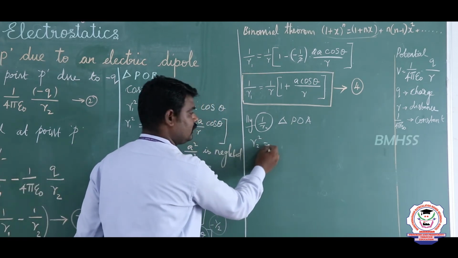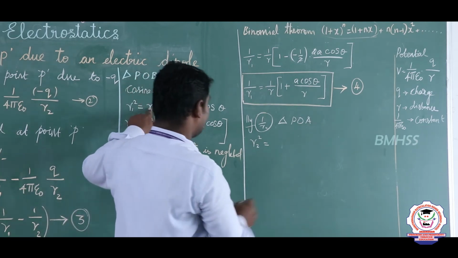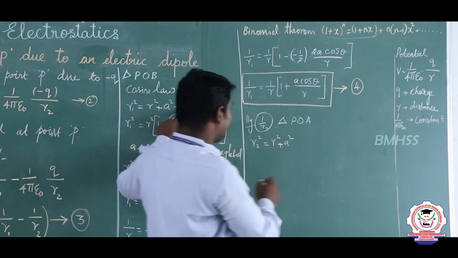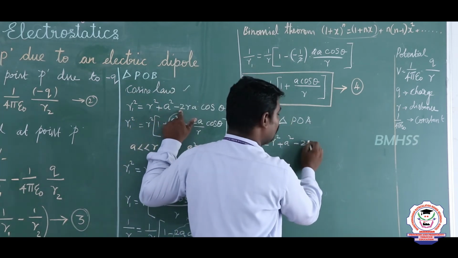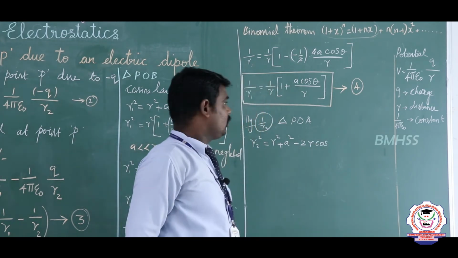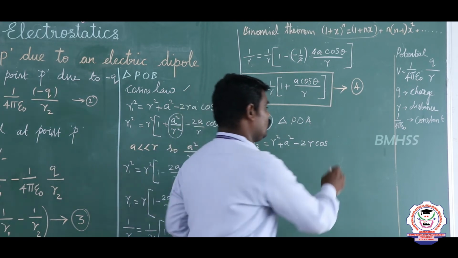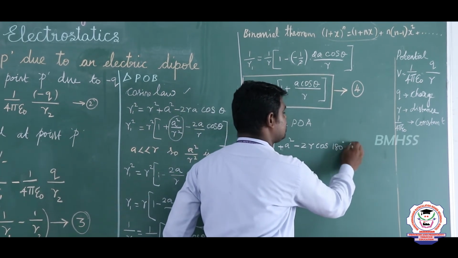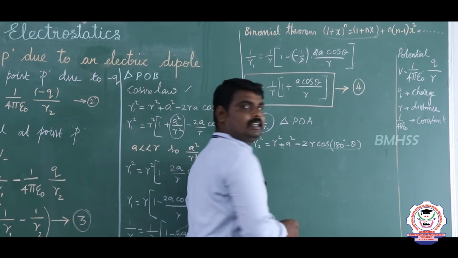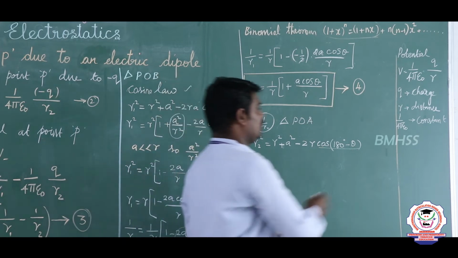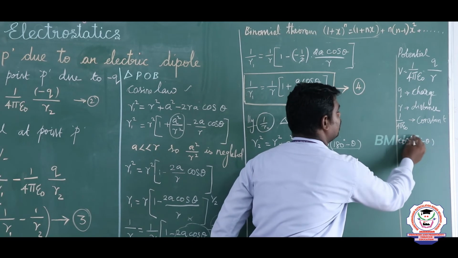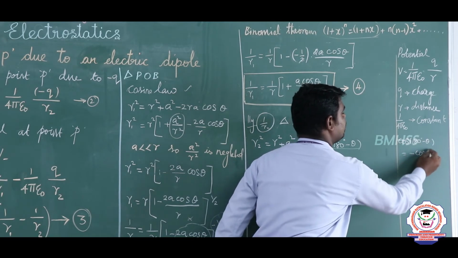R2 square is equal to, what is the formula? R square plus A square minus 2 into R into A into cos of the angle. What is the angle for this triangle? Yes, 180 degree minus theta. Cos of 180 degree minus theta is equal to minus cos theta.